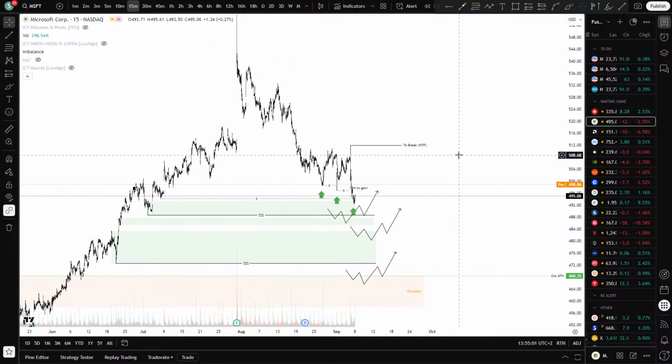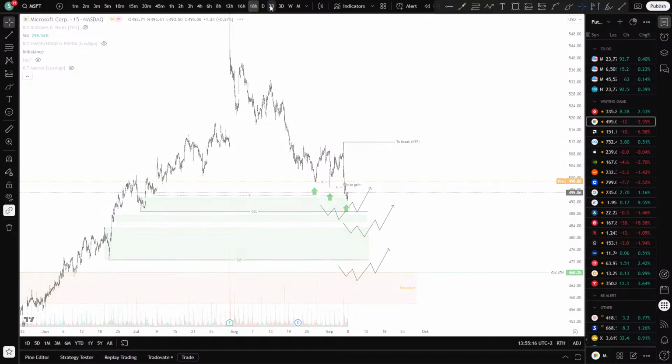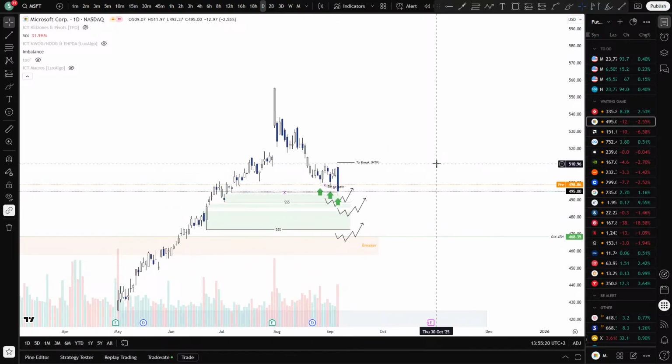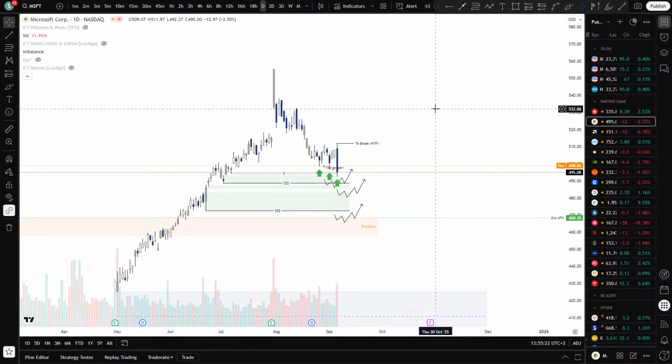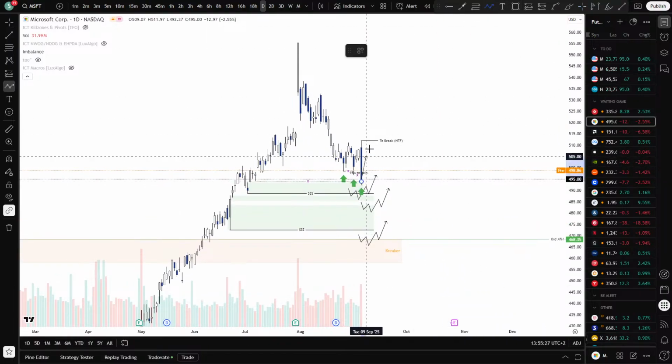Once again, for everyone that is in the stream right now, feel free to put a chart request in the chat. I would love to help you on that. But for me, to place any orders on Microsoft, I want to wait for this high time frame break, because then we have a good confirmation we can look higher.